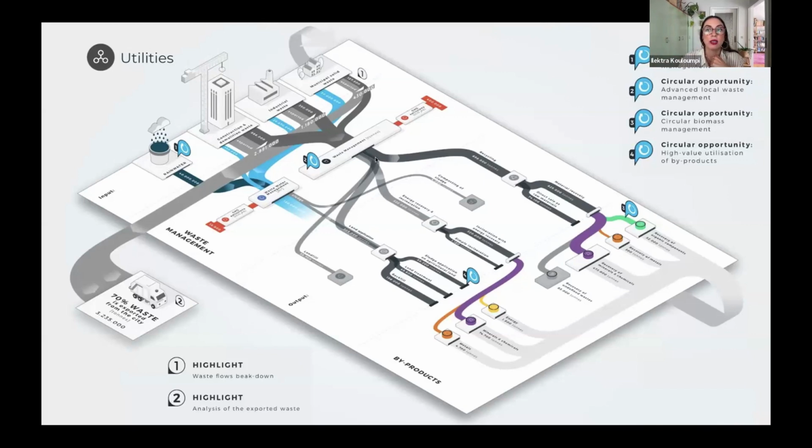Also on the collection, how to look at advanced local waste management and improve this opportunity of treating some of the waste in place. Then there were small volumes currently of organic components in the waste. So we understand that there is no recycling of biomass. So how can we improve that? As well as, there are a lot of interesting materials in the waste that could be used as secondary materials. How can we improve these processes?